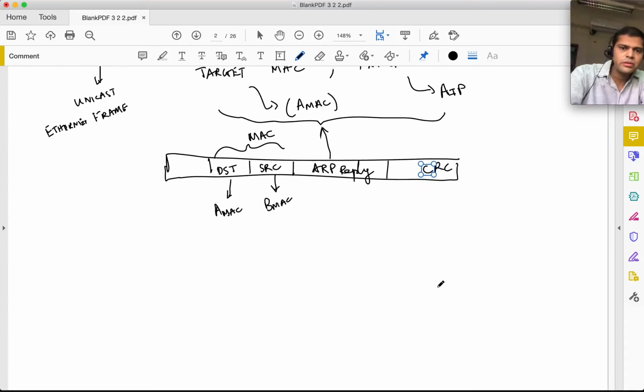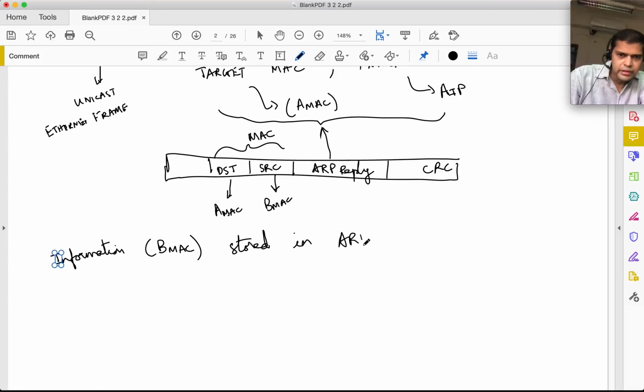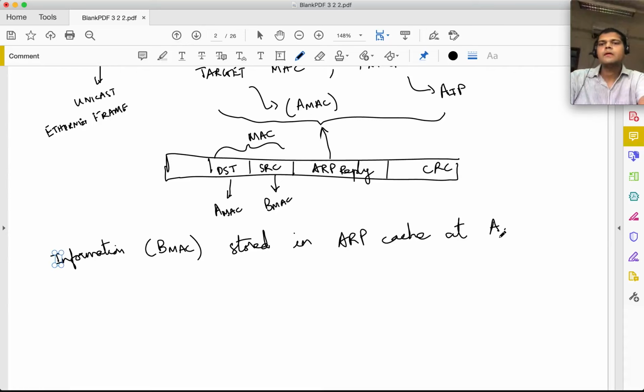So this information is stored in the ARP cache. So the information about B's MAC address is stored in the ARP cache at A. So A has to maintain this information.